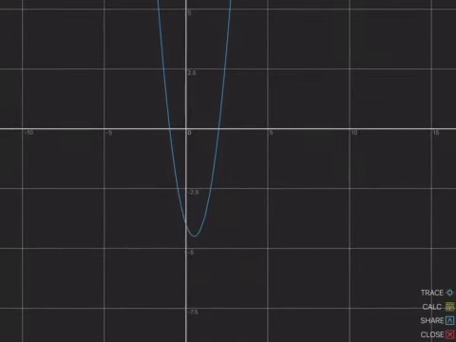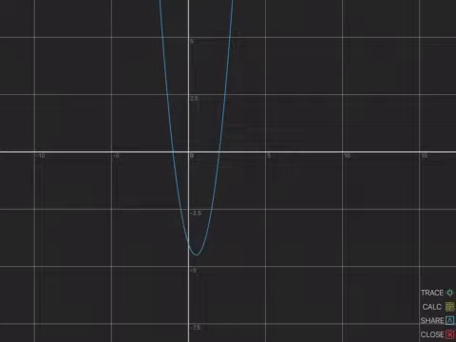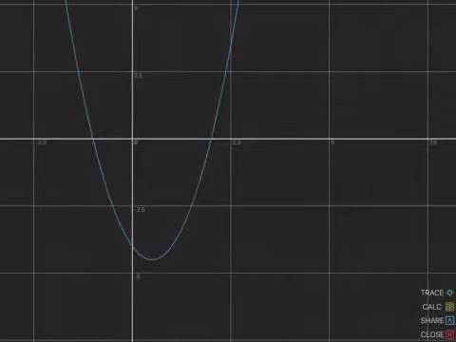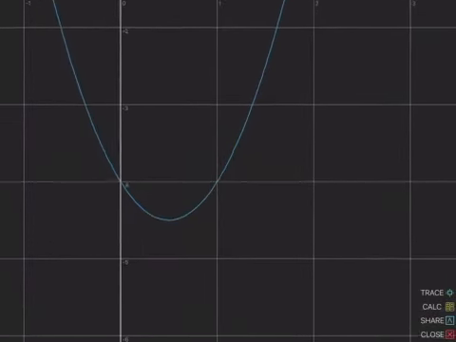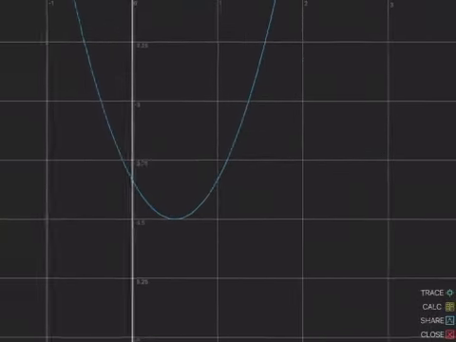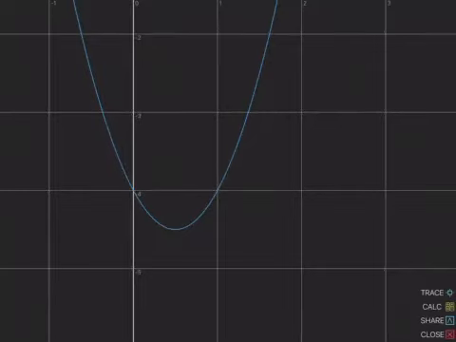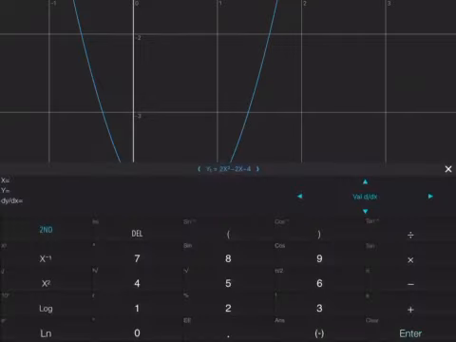Zoom out a little bit. Okay, so it looks like the lowest the graph goes down is pretty close to -5. It's actually in between -4 and -5, so that means the lowest it's going is -4.5. And you could actually calculate that by hitting calculate, and there should be a minimum option somewhere.